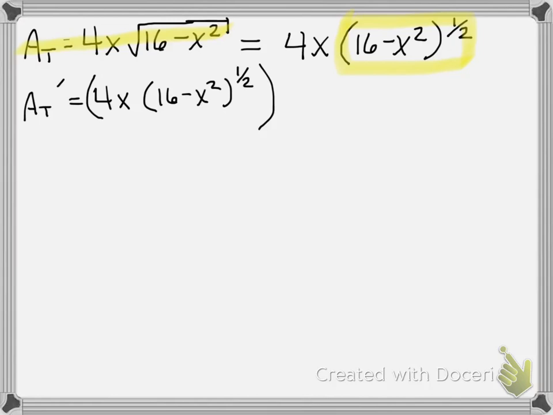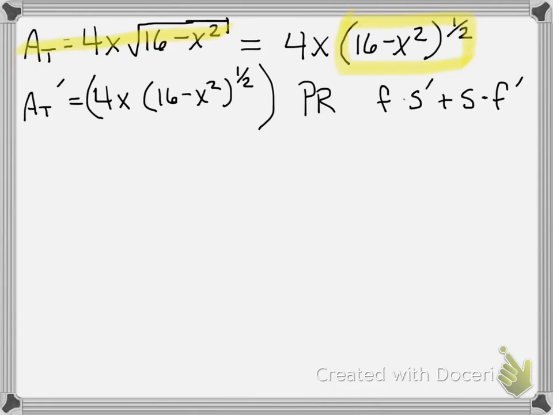So whenever we take the product rule, that is going to be the first times the derivative of the second plus the second times the derivative of the first. So that's our product rule.